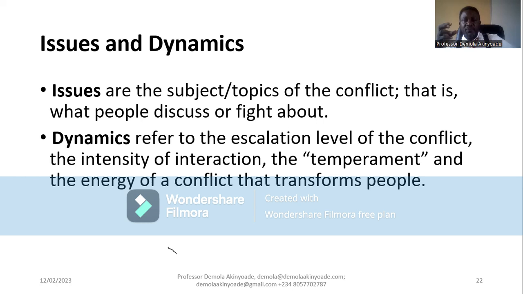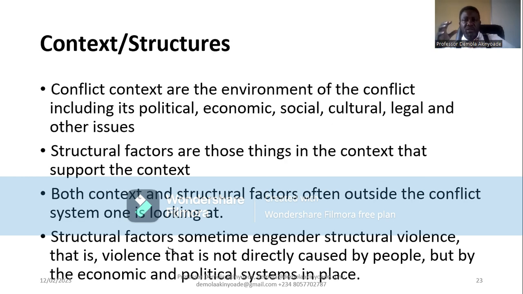And the dynamics talk about the way the conflict is changing in its intensity of interaction, people's temperament, changes in energy, changes in the means, the instruments that people use in the conflict. This is what we call dynamics of the conflict.